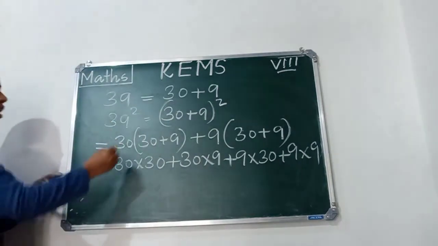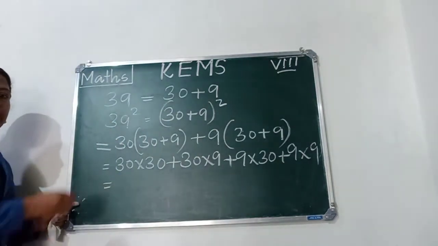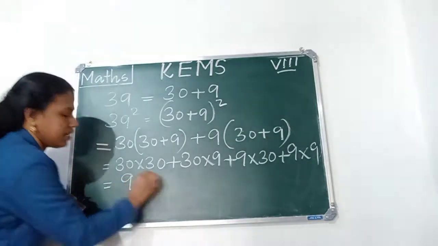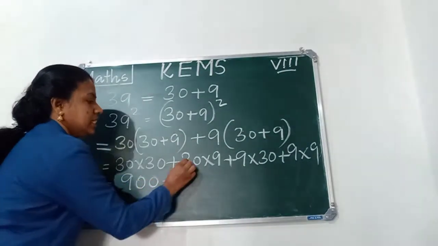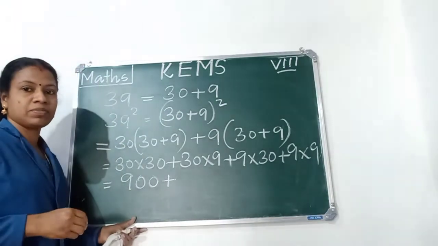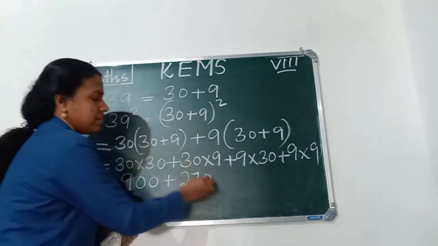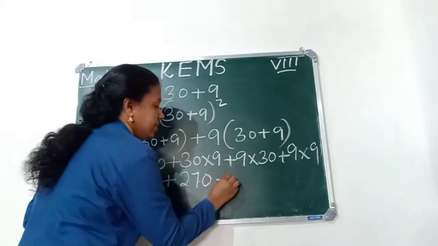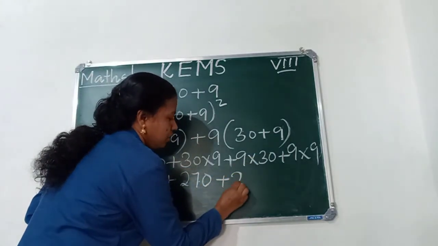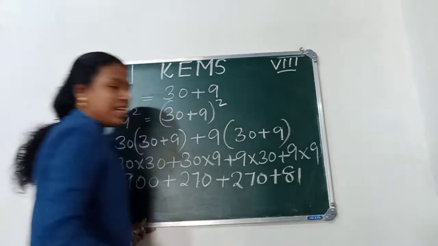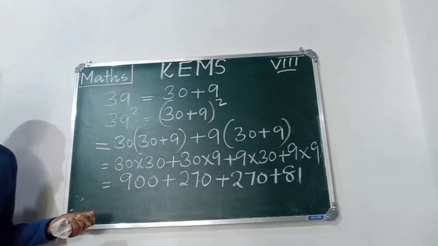Now find the values. 30 into 30 is 900. Then 30 into 9 is 270. The next term is also 270. Plus 9 nines are 81.